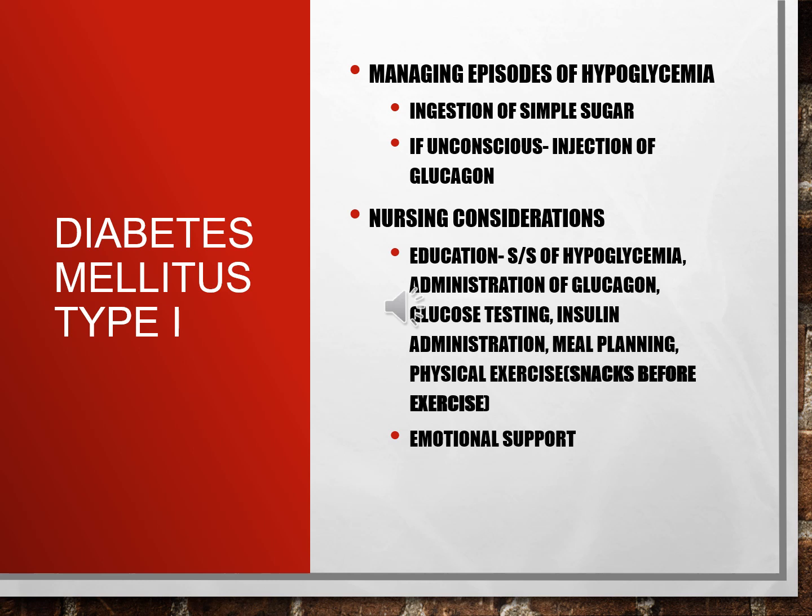Growth and development, you want to make sure that that's happening at a proper level. Adolescents might deny any issues. Keep in mind, are they able to afford supplies, follow up with appointments, and then encouraging those kids to do self-care and treat them just like they're any other child.